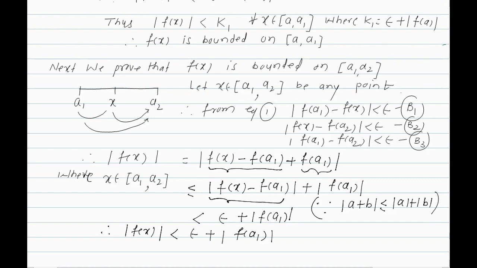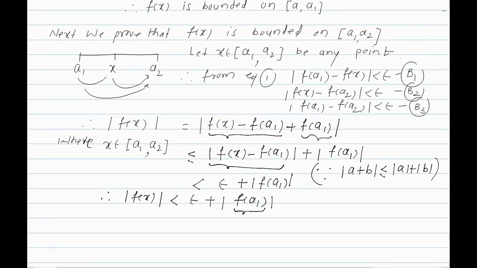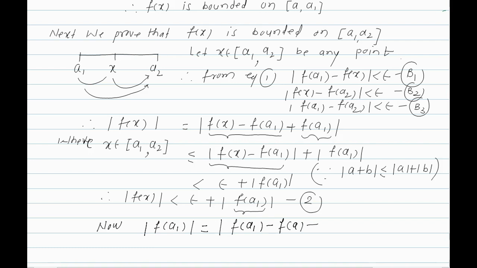Now we try to replace f of a1 with f of a. So how to replace? Let us see. Suppose this is equation number 2. Now mod of f of a1 is equal to f of a1 subtract f of a and add f of a.